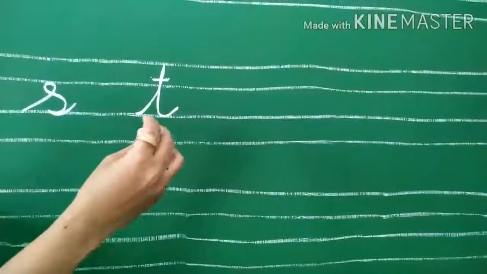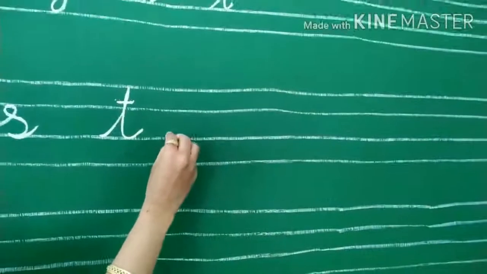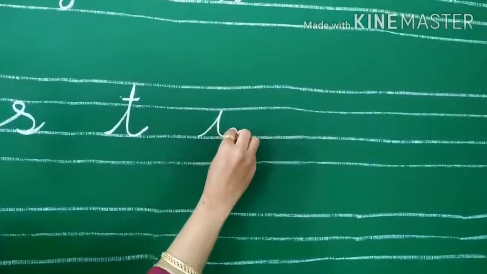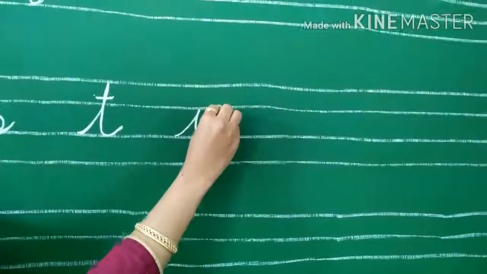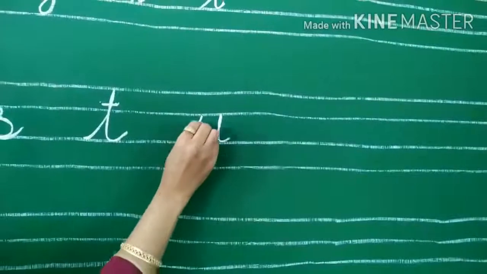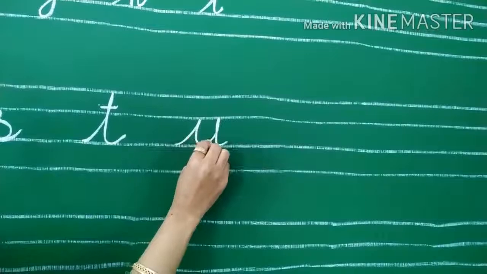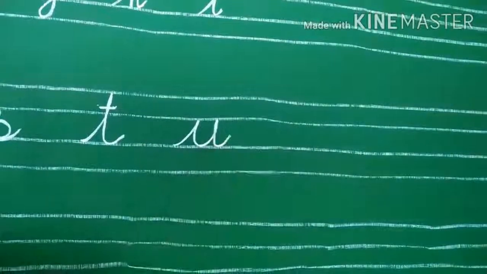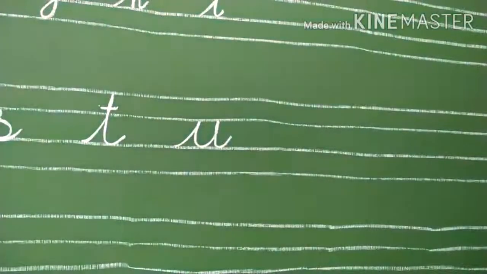How to write u? To write small u, draw a curve and put a U shape ends with a small curve. Yes, draw a curve and draw a U curve ends with a small curve. It's small u.